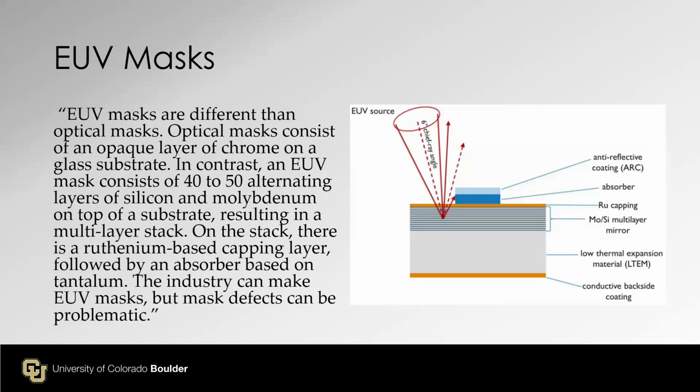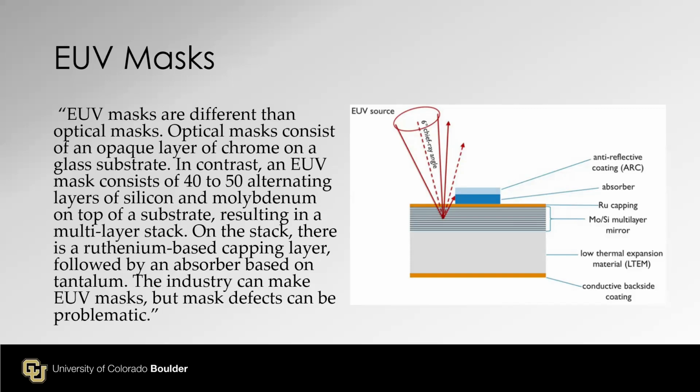And if you have ever seen optical lithography masks, they are very simple. You have a glass, soda lime, or quartz substrate, and you have a chromium pattern or something like that. It's very simple. While EUV masks are very complicated. It's not like a substrate with a single layer pattern on top.